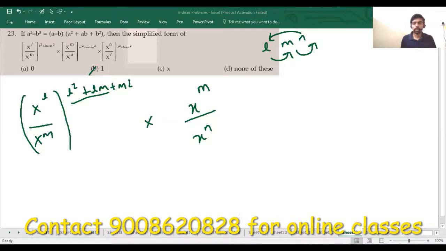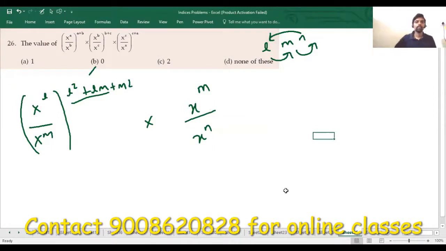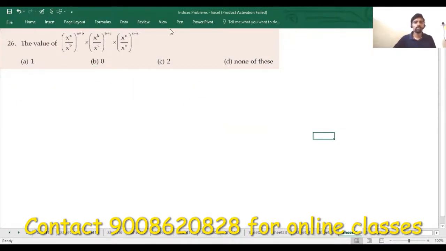So I will go to question number 26. Yeah. So observe this question number 26. Check whether it is in cyclic symmetry or not. Yes. The three variables are a, b, c. It is revolving. After a it's b, after b it's c. Again c became a, correct?